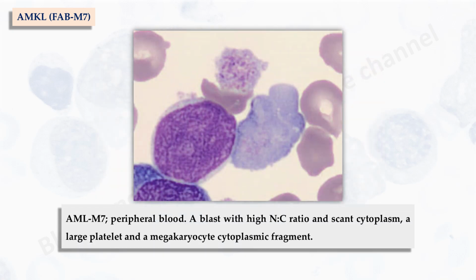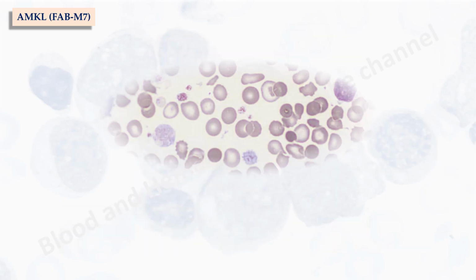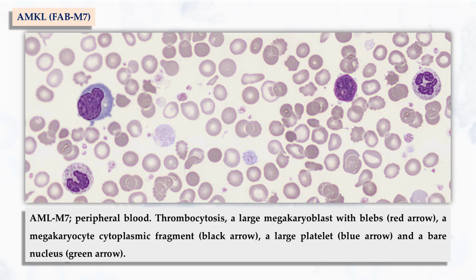Peripheral blood film of a patient with AML-M7, showing a blast with high NC ratio and scant cytoplasm, a large platelet and a megakaryocyte cytoplasmic fragment. Peripheral blood film of a patient with AML-M7, showing thrombocytosis, a large megakaryoblast with blebs, a megakaryocyte cytoplasmic fragment, a large platelet and a bare nucleus.